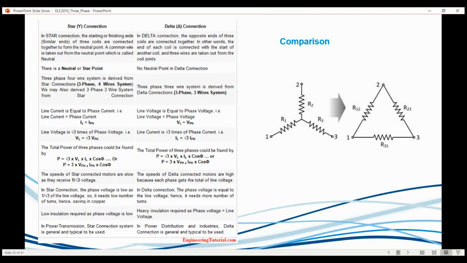Low insulation is required on the star side, and then heavy insulation on the delta side. And then in power transmission, star, like I said, to transmit power, to supply power, you typically use star. And then to run things on load or power distribution in industries, you always want to connect things in delta. Right? That's the main points.